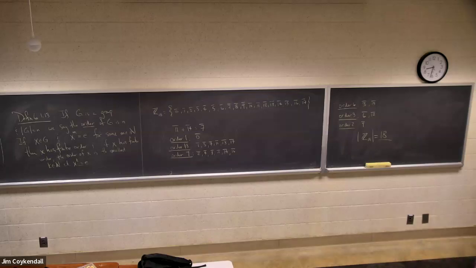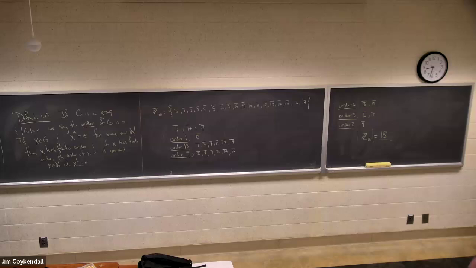It seems to be true. Can anybody give me a relationship between the order of the group, which is 18, and all the different orders we found of the elements in there?